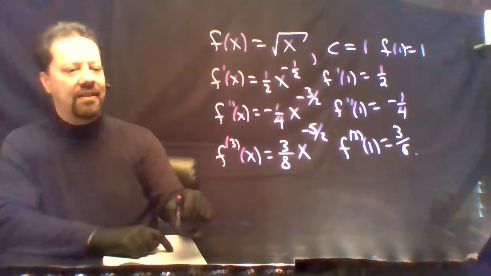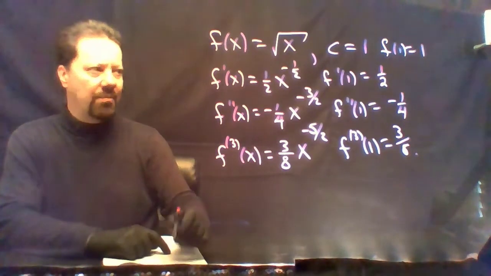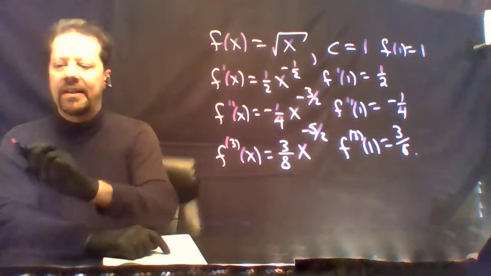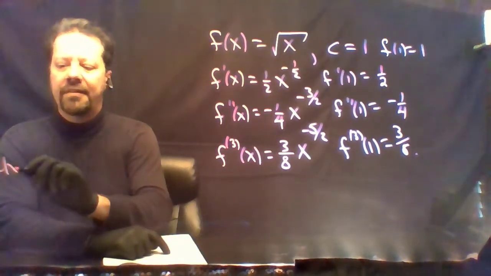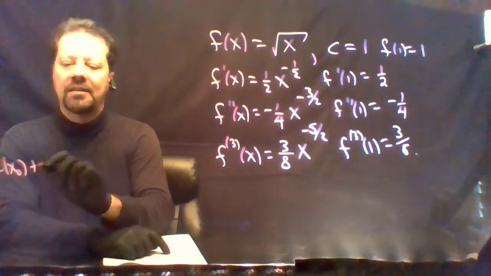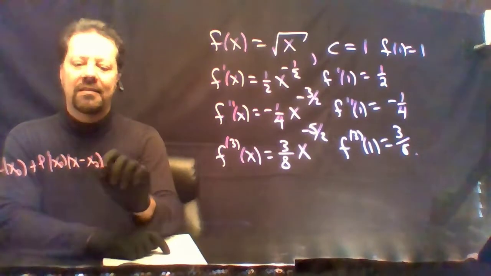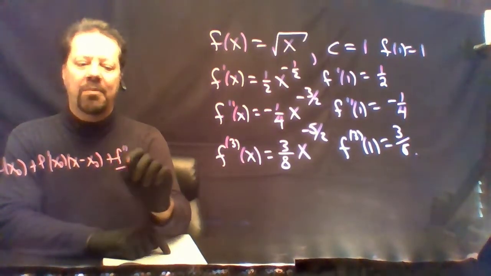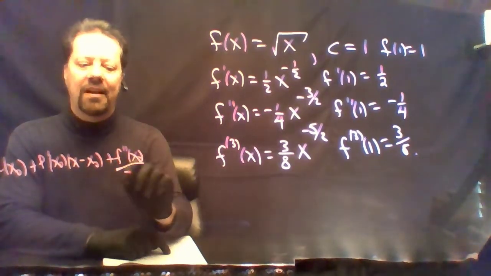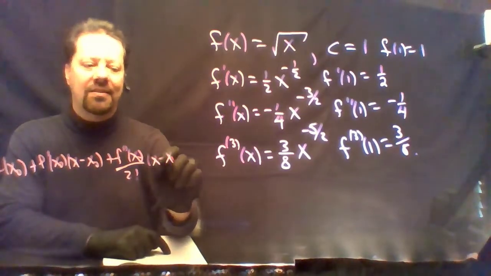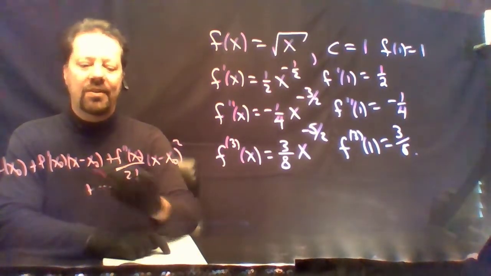We then write down the first 4 terms. The formula is f of x naught plus f prime at x naught times (x minus x naught), plus f double prime at x naught divided by 2 factorial times (x minus x naught) squared, and so on.